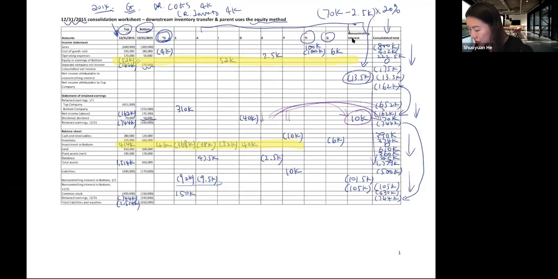So your liability should add up to the credit side of 1,779,000. And the last check is your total asset should be equal to your total liability. So this is the first situation, if it is downstream and the parent is using the equity method.